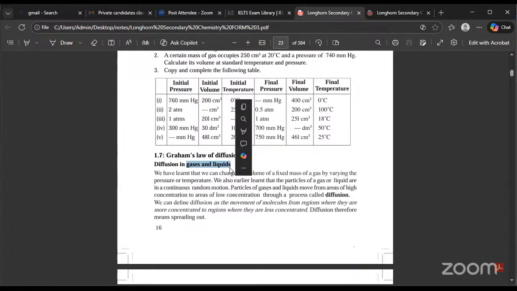In biology, you say diffusion is the movement of particles, molecules, anything, from a region of high concentration, where it is more concentrated, to a region of low concentration.